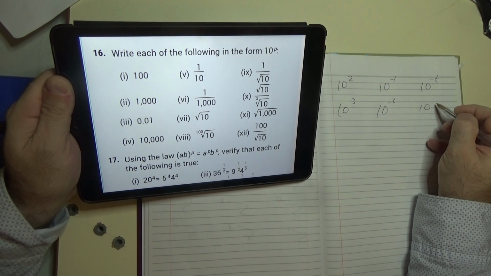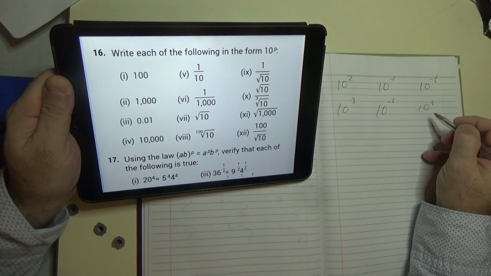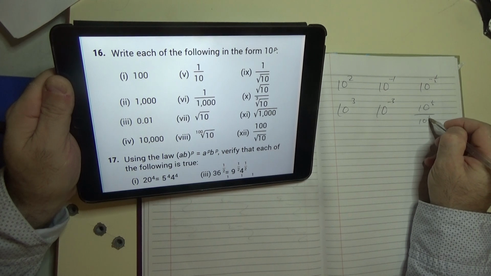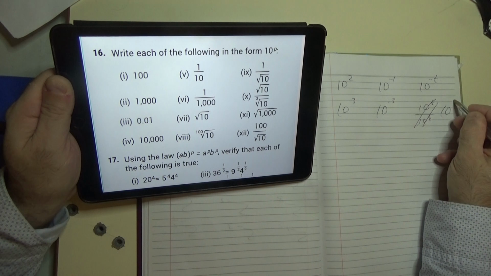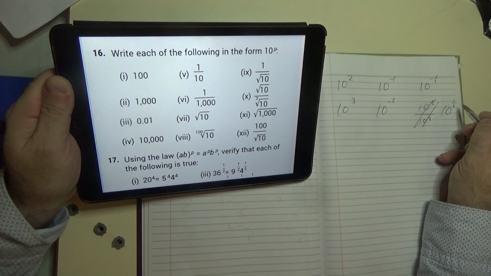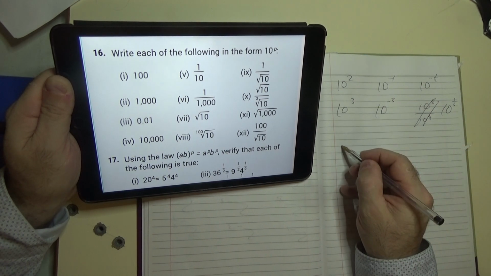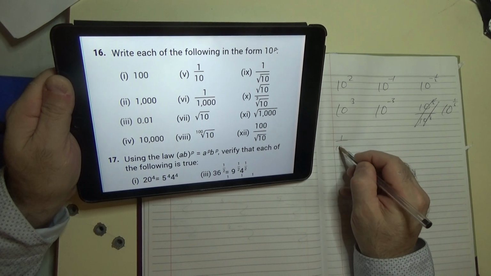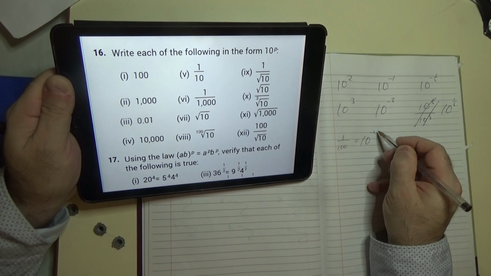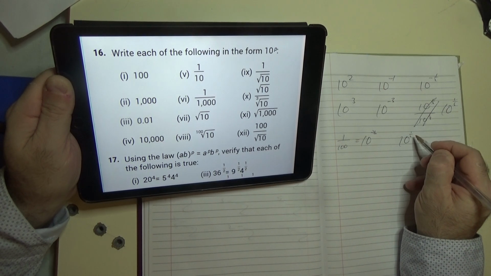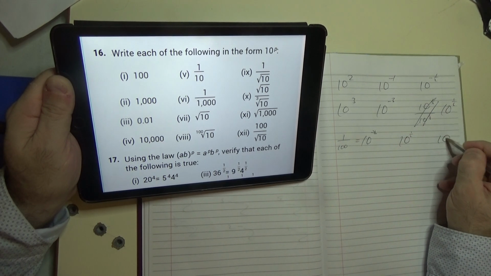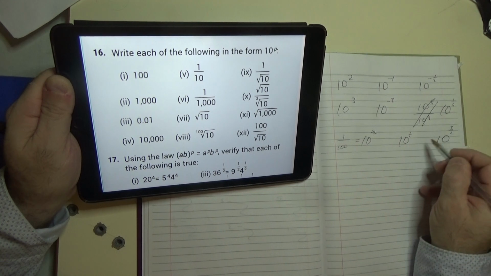Let's do this in stages. 10 to the half over 10 to the third. A half take a third is a sixth. 10 to the sixth. 1 over 100 is 10 to the -2. 10 to the half. And this is sort of torture, isn't it? 10 to the 3 over 2.